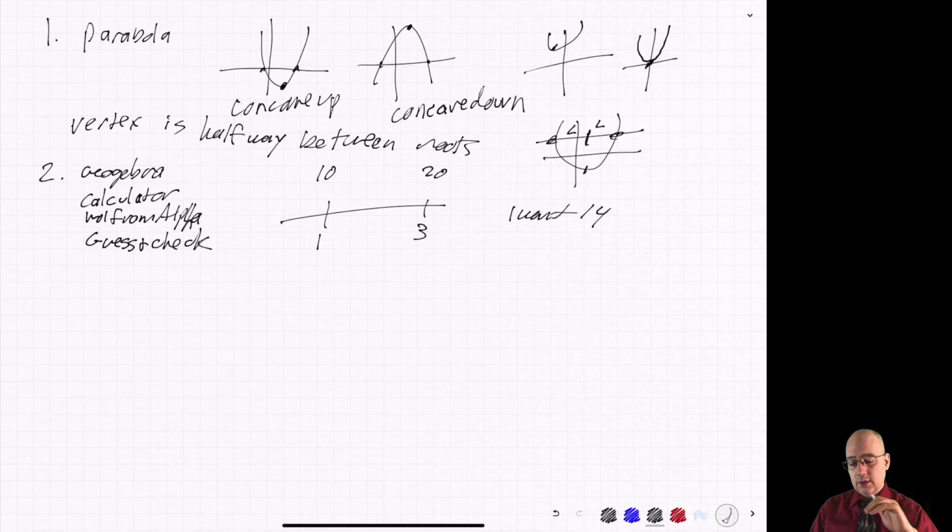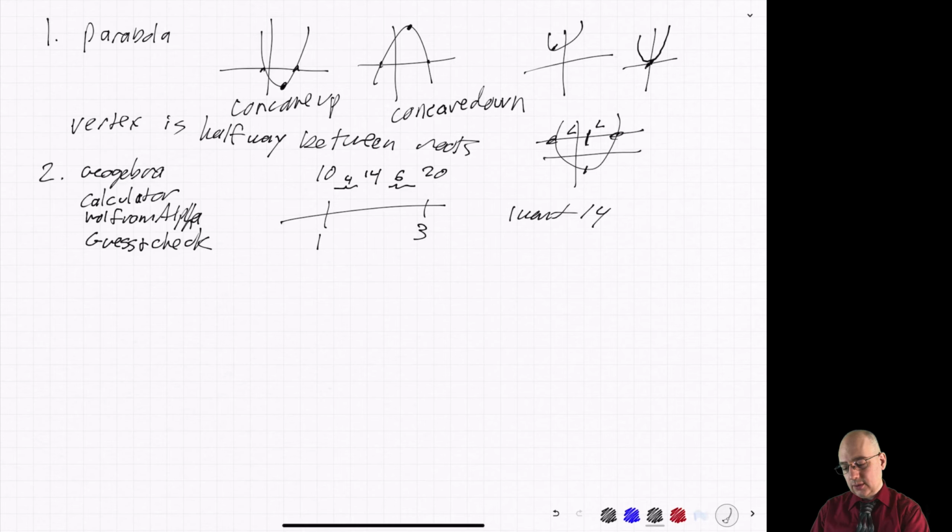So if I want 14, I want these 4 steps on the y, and so that's 4/10 of the way, right? So then I want 4/10 of that step size from 1 to 3 too. So basically I'm going to add 8/10 to 1. So this is where 14 is. So that's 4, and that's 6.